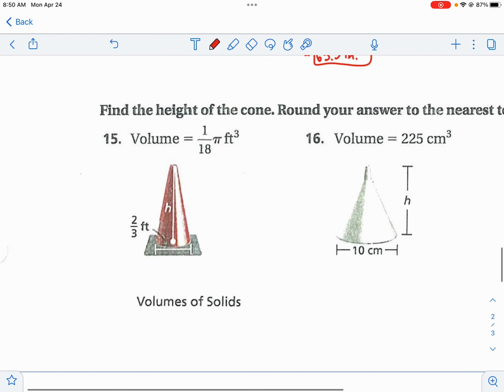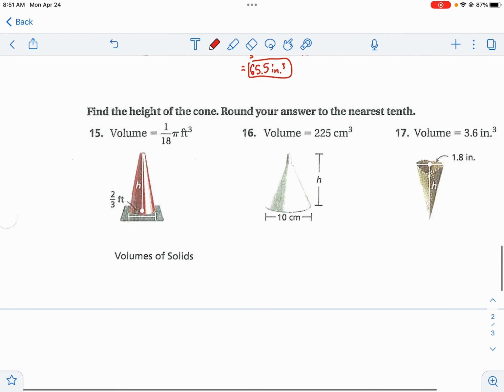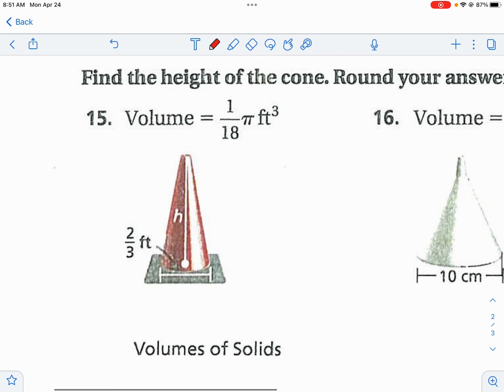Okay, these last 3, let's do quickly. Find the height of the cone to the nearest tenth given the volume. 1/18 pi is equal to 1/3 pi times the radius, which looks like that would be half of 2/3.